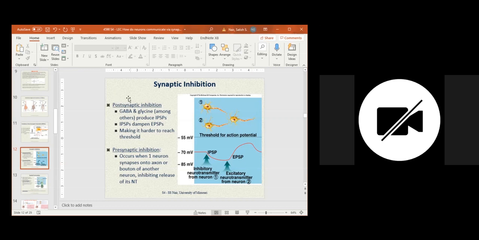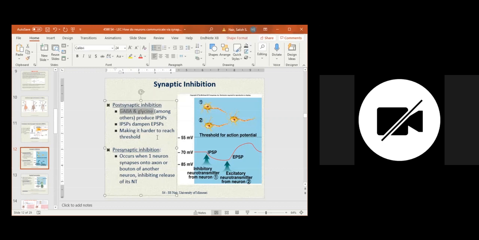Okay. So postsynaptic inhibition is via GABA and glycine receptors. They produce something called IPSPs, meaning inhibitory postsynaptic potentials. IPSPs dampen EPSPs, right? This EPSP could have made this spike. This IPSP dampened it, making it harder to reach threshold.